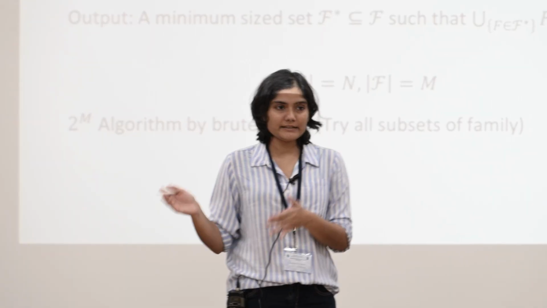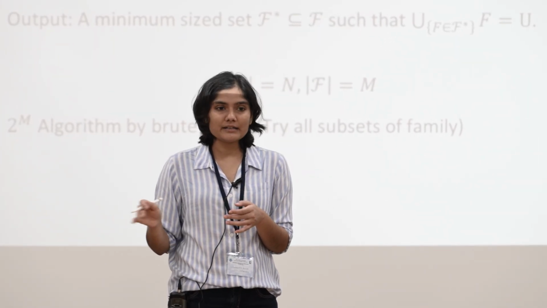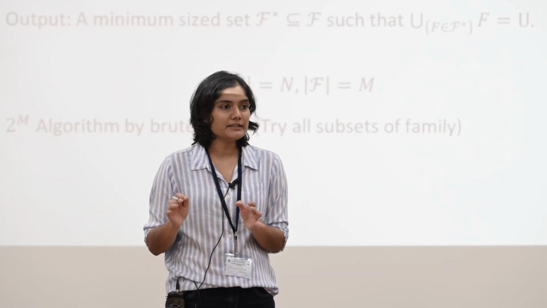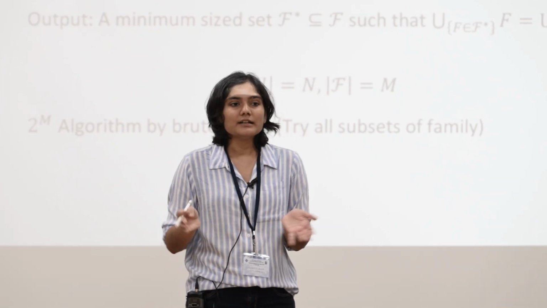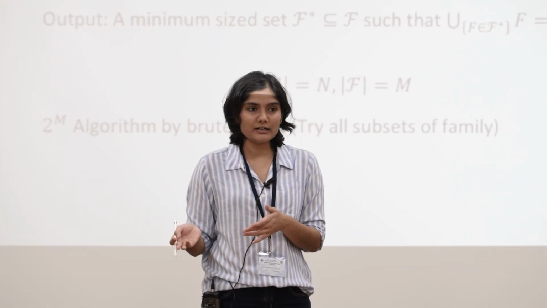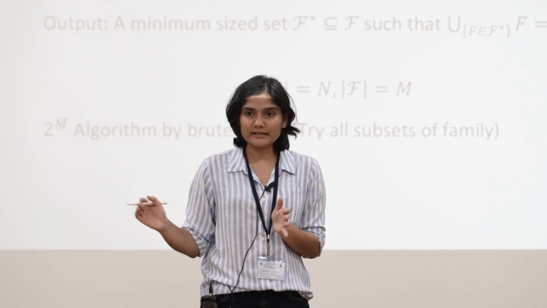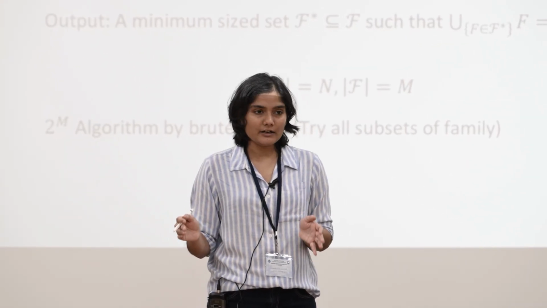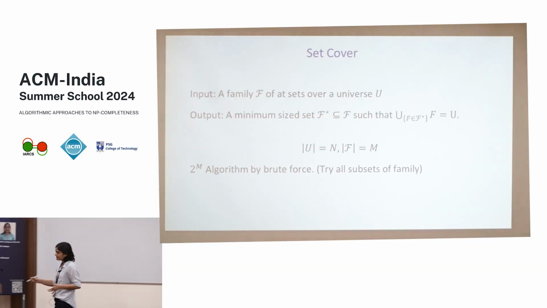If I take the set in my solution, then I take out those elements from my universe and increase my solution size. Otherwise, we just remove the set, and then we try to find a subset in the remaining family that covers the universe. That's what we did, right? So let me just write it down again.